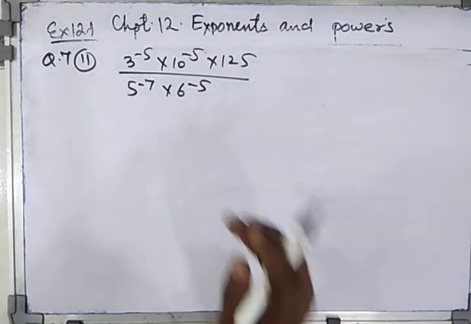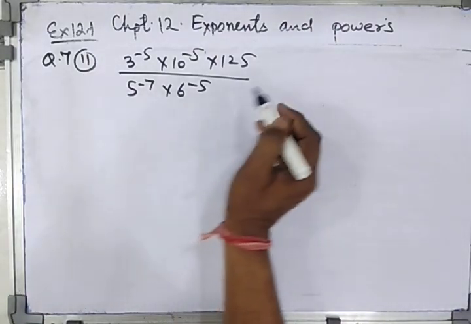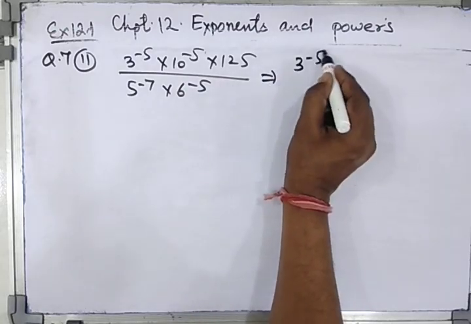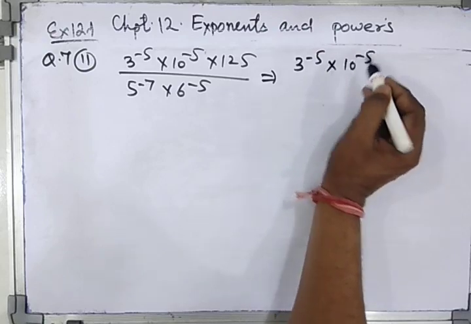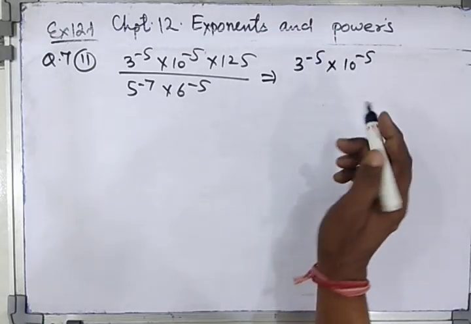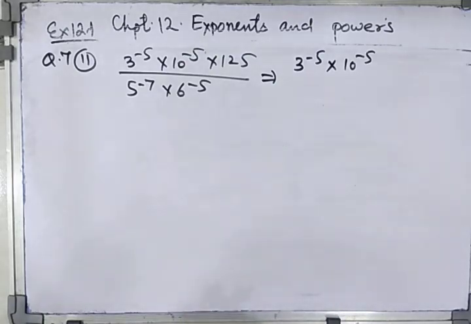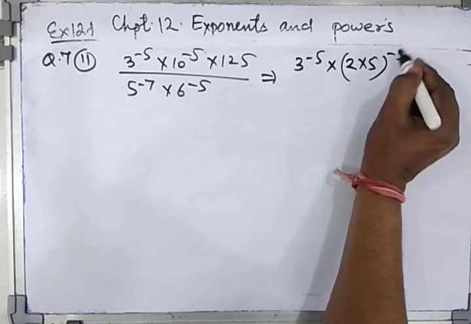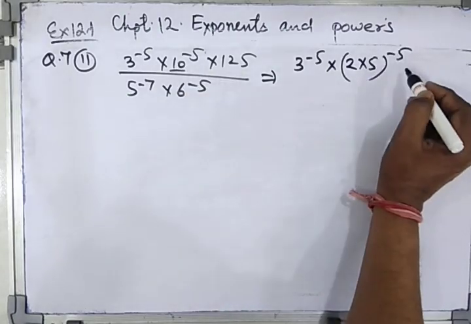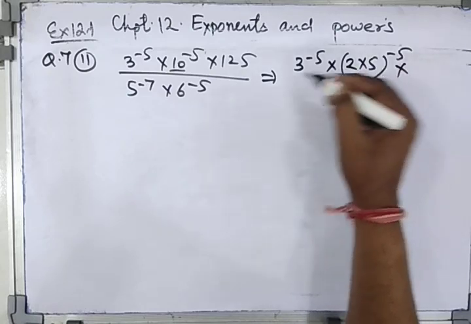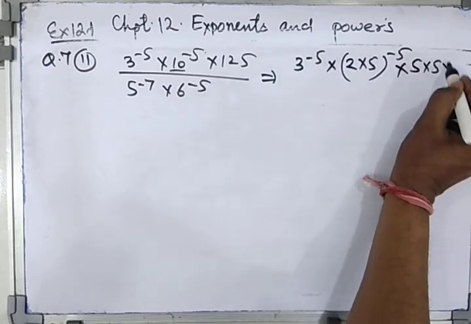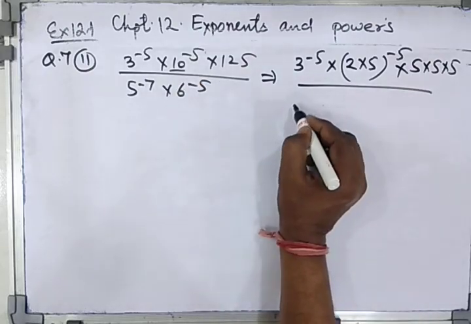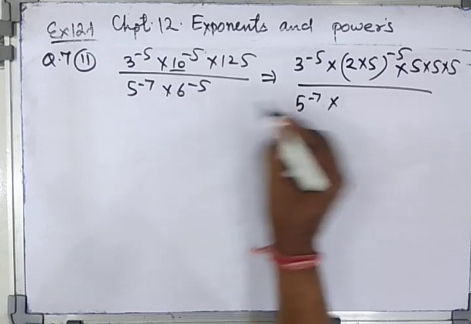So students, given 3 raised to minus 5 into 10 raised to minus 5. 10 raised to minus 5 means 2 into 5 raised to minus 5, split, and 125 is 5 into 5 into 5, divided by 5 raised to minus 7 into 6.